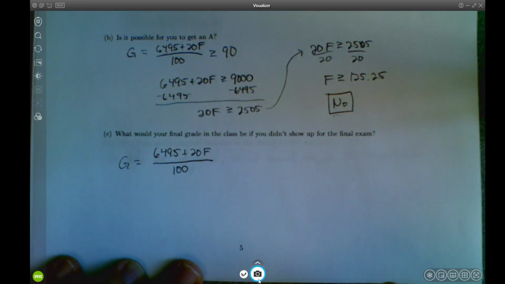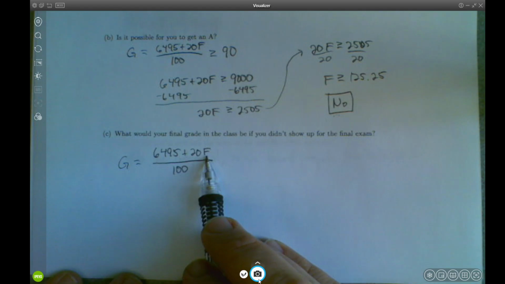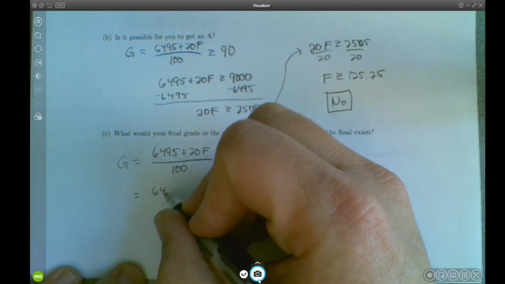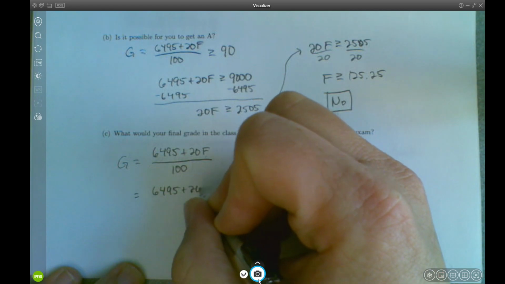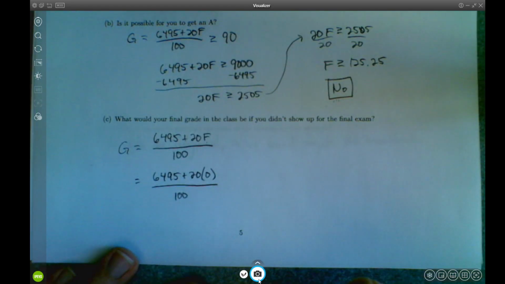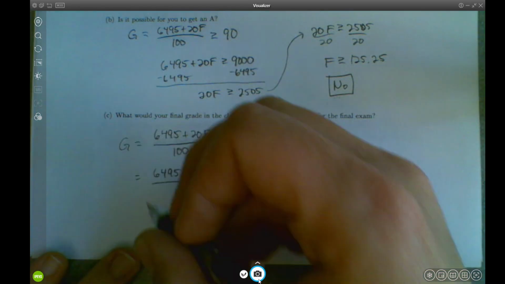If you don't show up for the final exam, then you get a 0 for the final exam. So it would be 6495 plus 20 times 0 over 100.